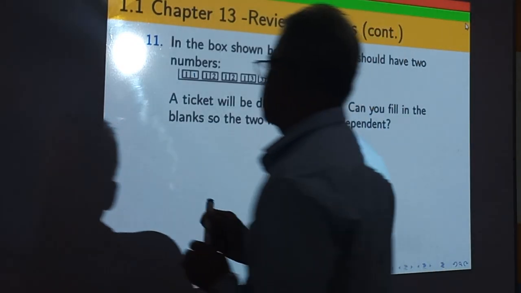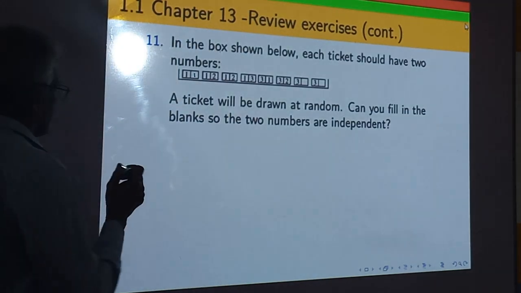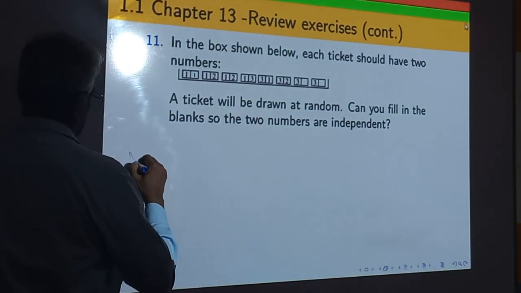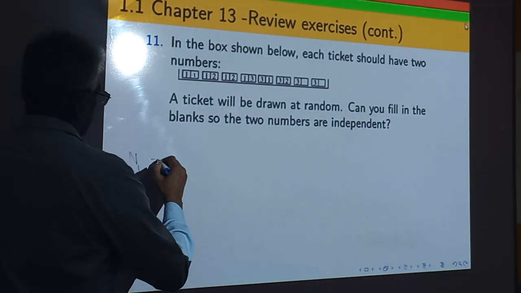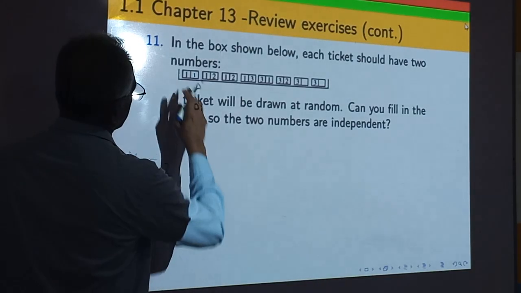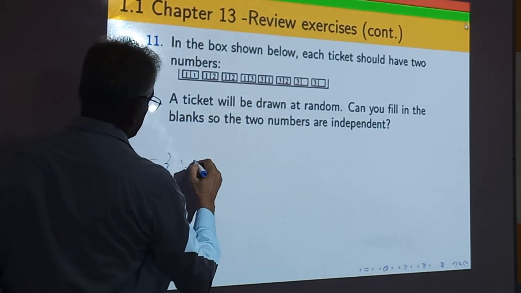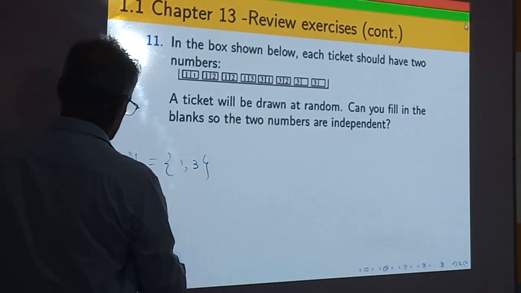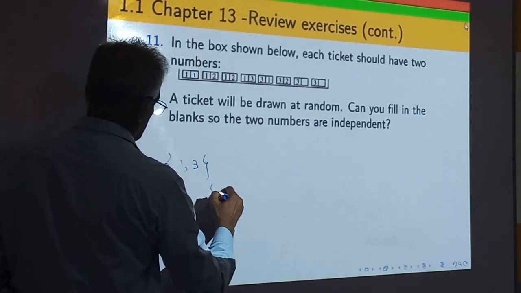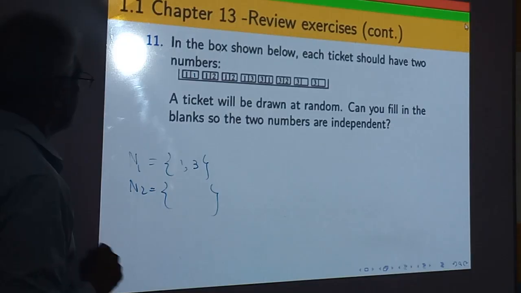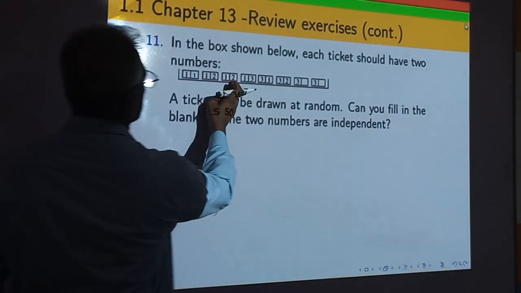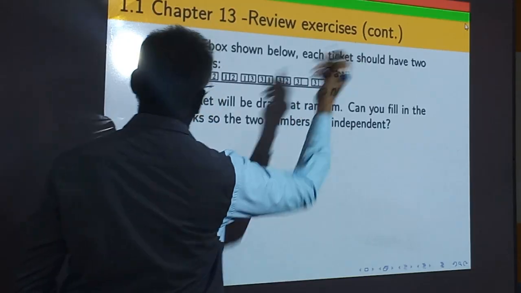So for example, if the first number is denoted by n1, n1 can be 1 or 3, so there are only two possibilities. The second number is n2, say. That is related to this one, 2, so we don't know.